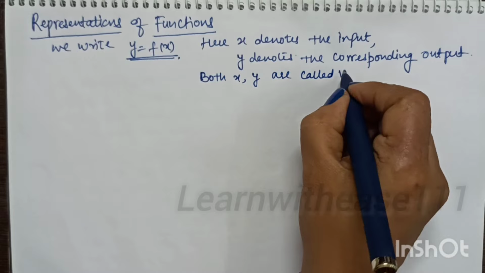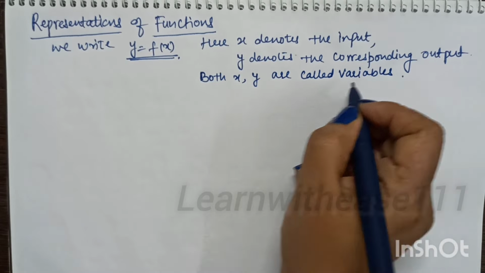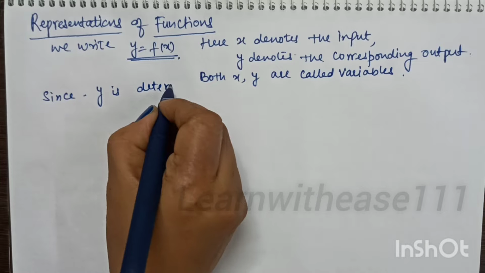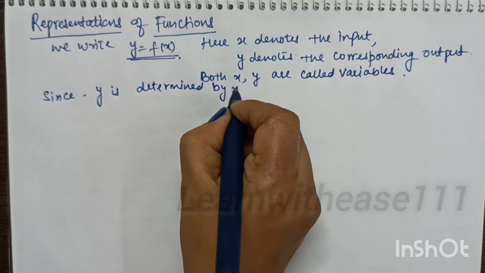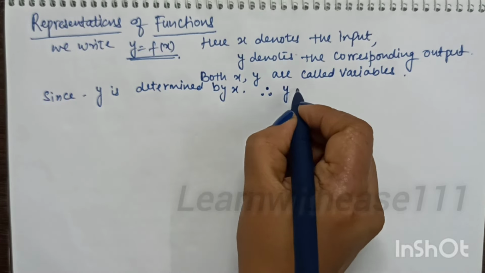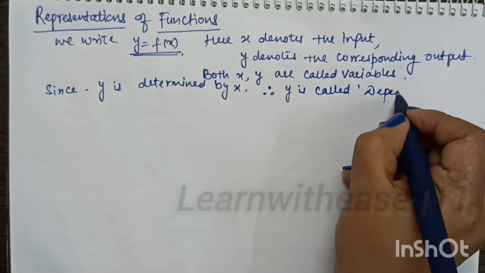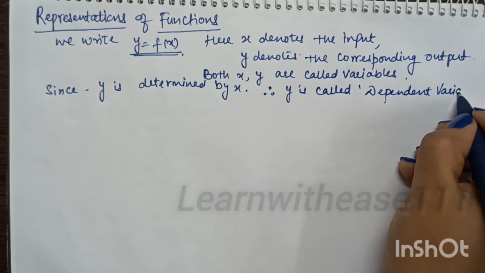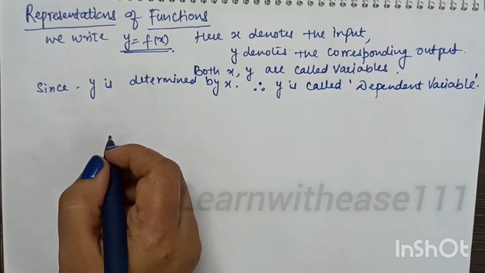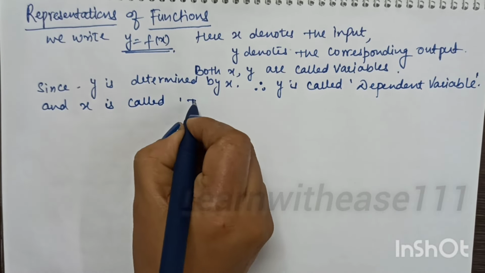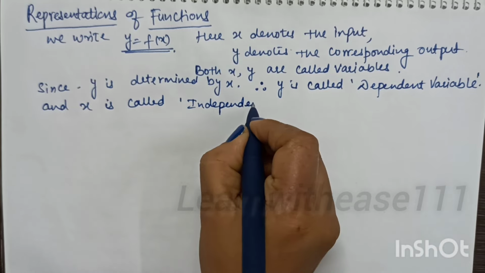Both x and y here are called variables, and since the value of y depends upon x, we first substitute x and then we get y. So y is determined by x, and y is called the dependent variable. And since x is free from anything, x is not depending on anything, we are giving the values of x, so x is called the independent variable.